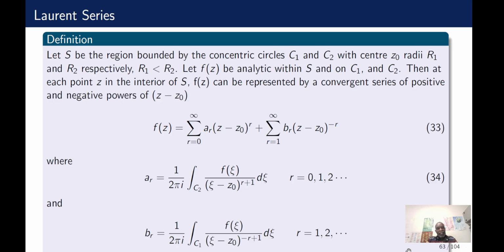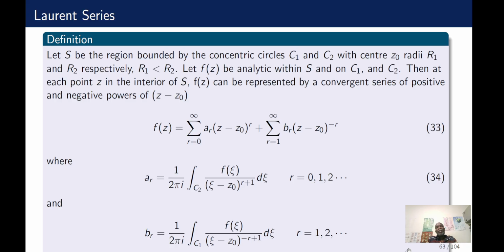Now, the second type of series that we are going to do is the Laurent series. The Taylor series, we expand it in a ring, either inside the circle or outside. But the Laurent series now is two.